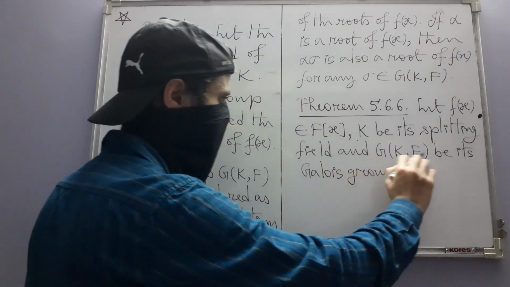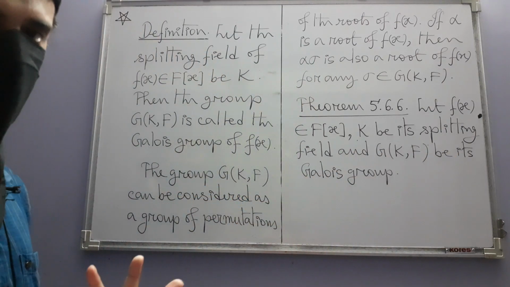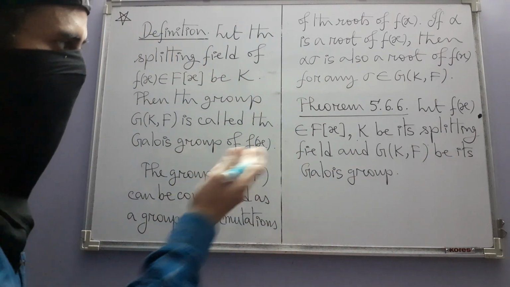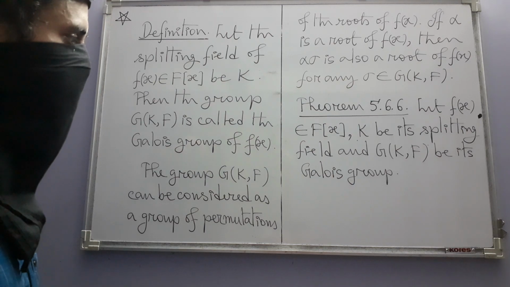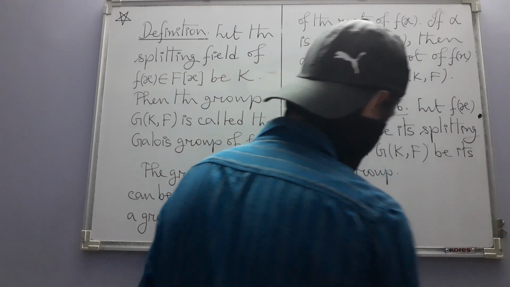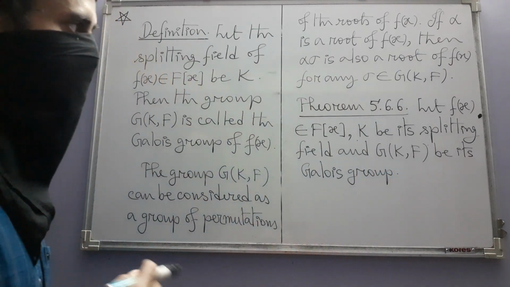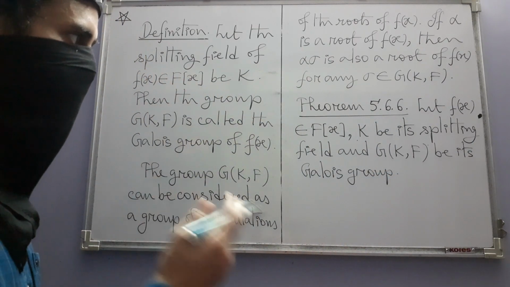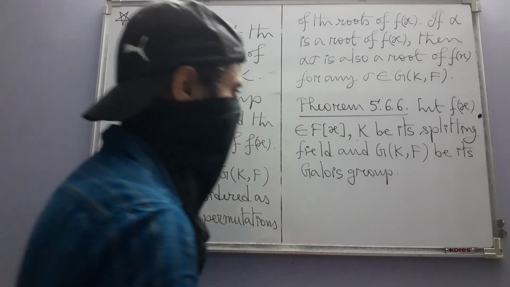There is actually no need to write this last part because that is known. In such a situation, this is called the Galois group of f(x). But now we see we are going to set up an association between objects coming from two sets.